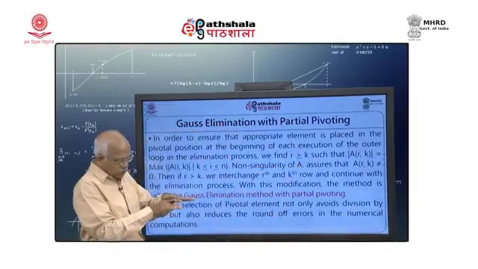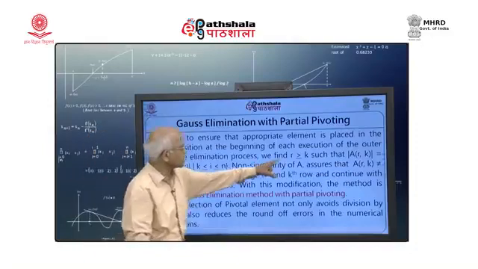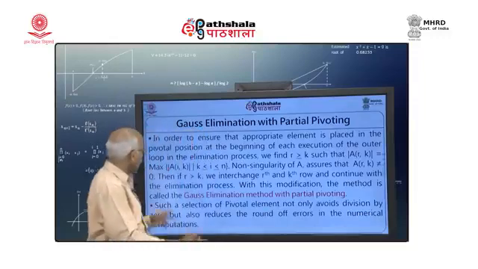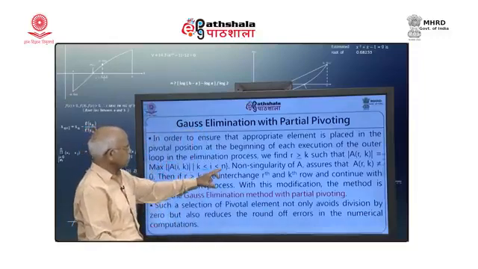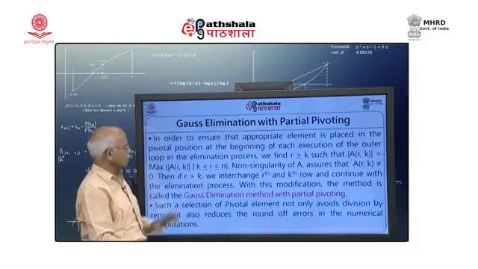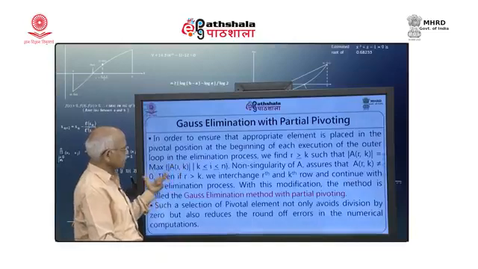We are looking at rows below the kth row, such that |a_rk| is the maximum of all |a_ik|, for i between k and n. So this should be the maximum we consider.